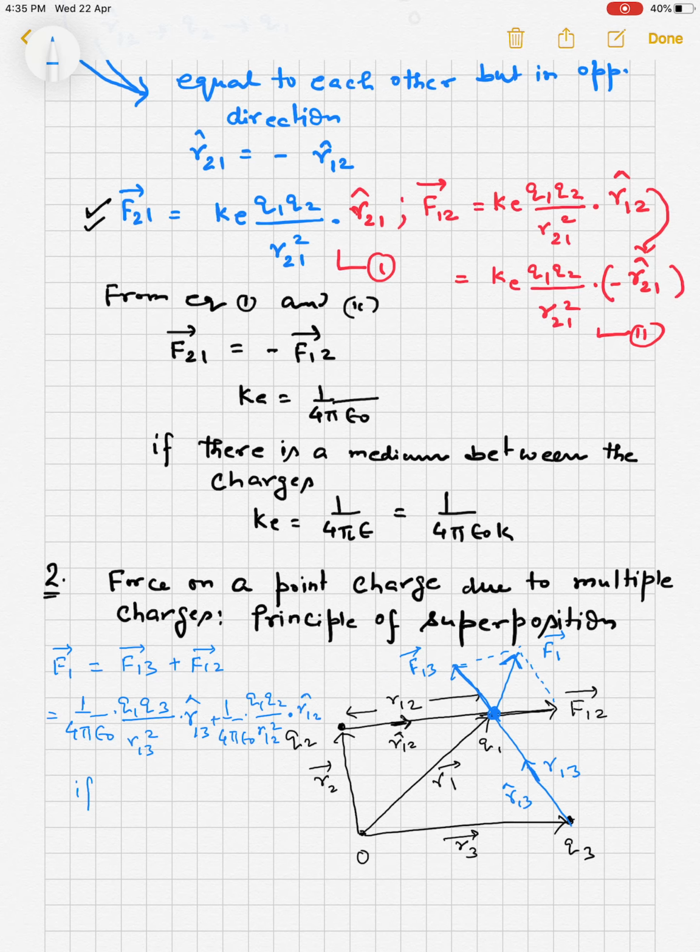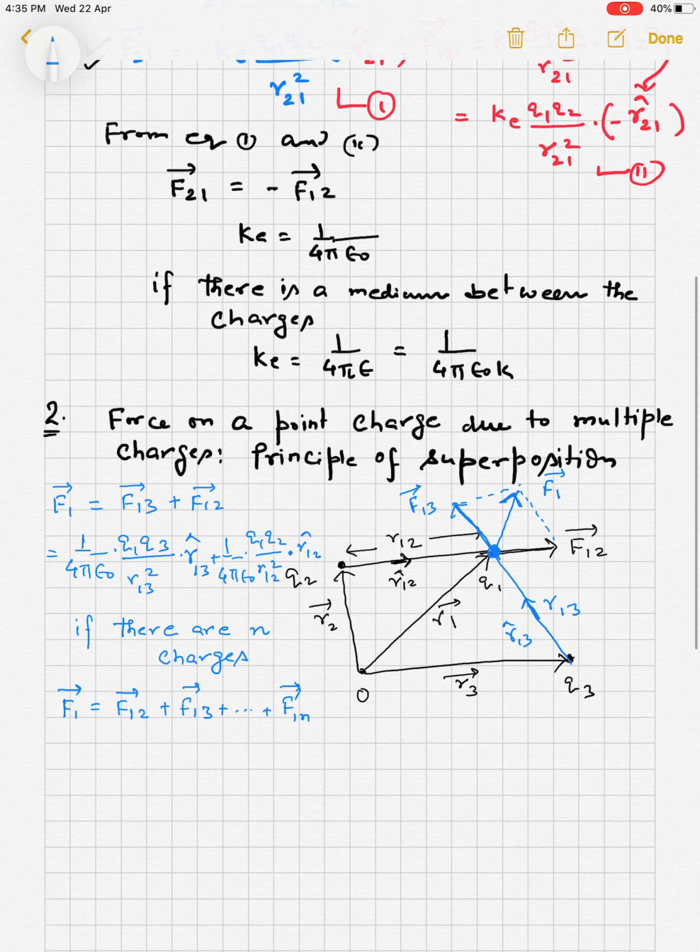If there are n charges, then the force on one will be the vector sum of the forces between 1 and 2, 1 and 3, and so on, the force between 1 and n. So the net force will be the vector sum of these forces.